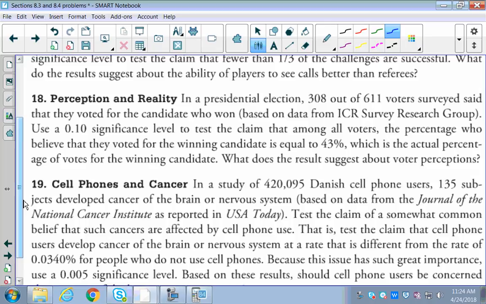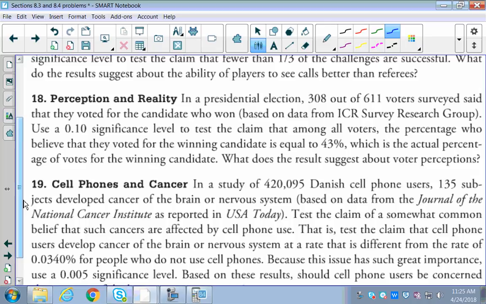In a presidential election, 308 out of 611 voters surveyed said that they voted for the candidate who won. Based on data from a research group, use a 0.10 significance level to test the claim that among all voters, the percentage who believe that they voted for the winning candidate is equal to 43%, which is the actual percentage of voters for the winning candidate.